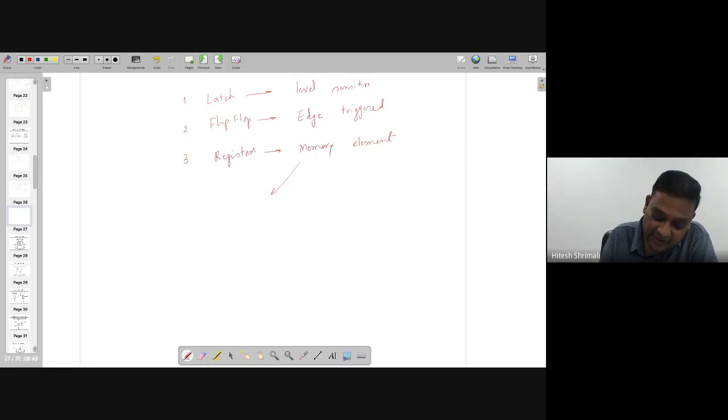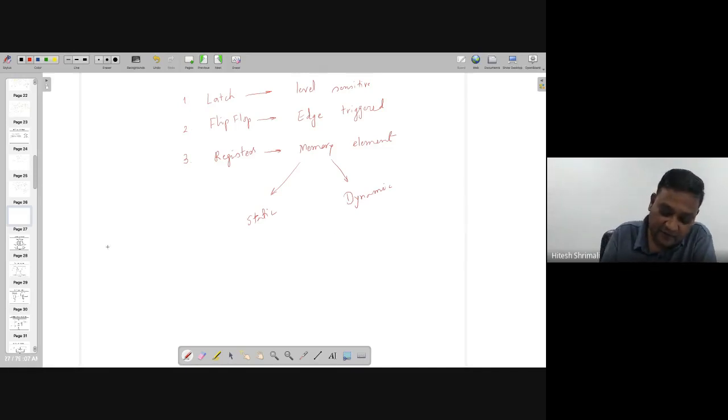Both of them would have a clock, but static has data which stays static for a longer time, maybe more than seconds, or sometimes hours, sometimes days. But in dynamic, the data is changing in milliseconds. Static is like a pen drive where you store the data and then you look at what is inside that. So such things we have studied.